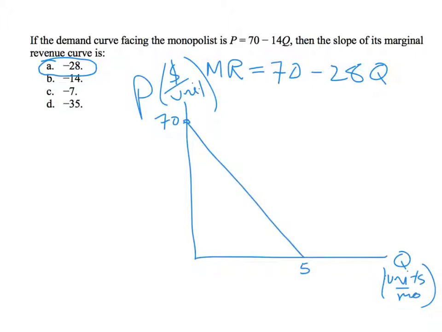And then the marginal revenue function would have that same y-intercept but be twice as steep. So it would cut the x-axis at 2.5. Label my demand curve. Anyway, that's the way these work. You don't need to know how that's derived, but it is very handy when we work with monopoly technical problems in this unit of the course.